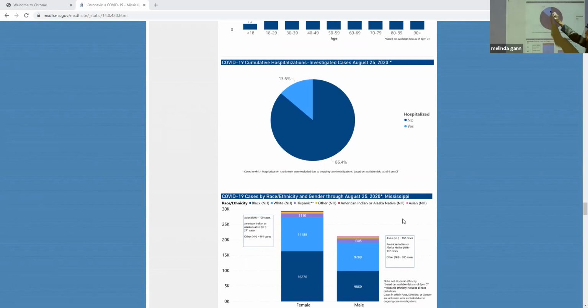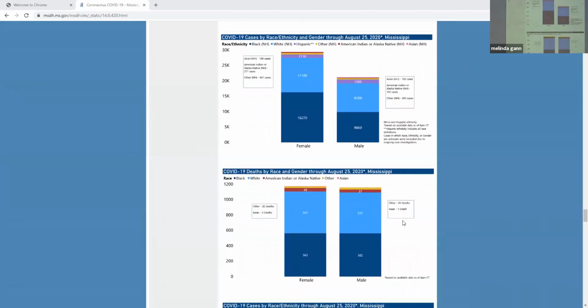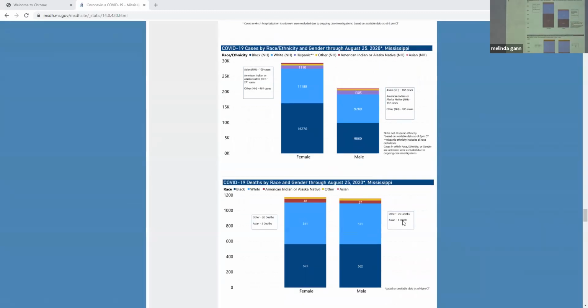Almost 14% did. This one is a different kind of bar graph. It's not really a histogram, but it basically does two things. The top one goes by cases, and the bottom one goes by deaths. And it's color-coded again by race and by gender.